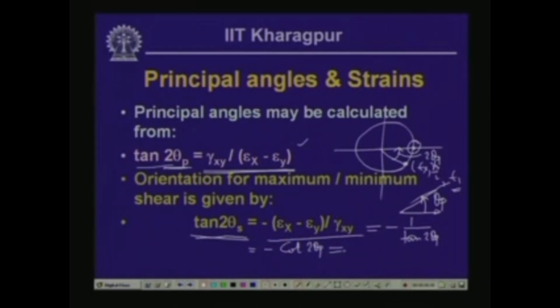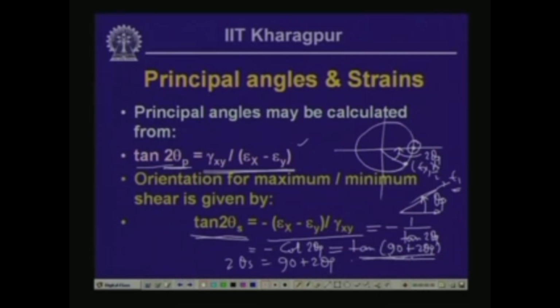This we can write as tan of 90 degrees plus 2 theta p. Hence, 2 theta s equals 90 plus 2 theta p.